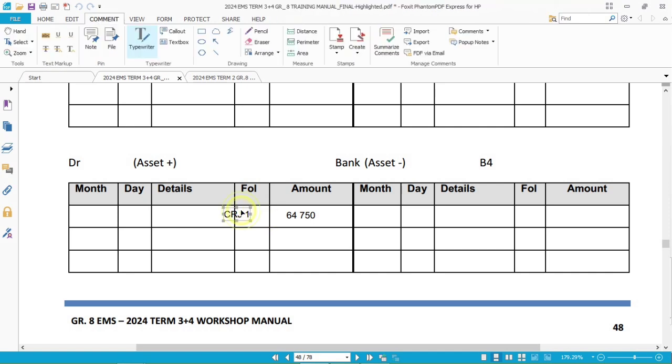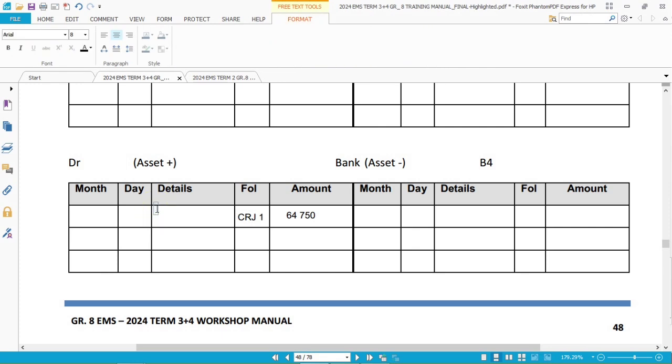Okay, details here, something different. I'm not going to write bank here. I'm going to write total receipts, because my account is already called bank. It doesn't make sense to write bank in the details when the account name is actually bank. So I'm going to write total receipts.